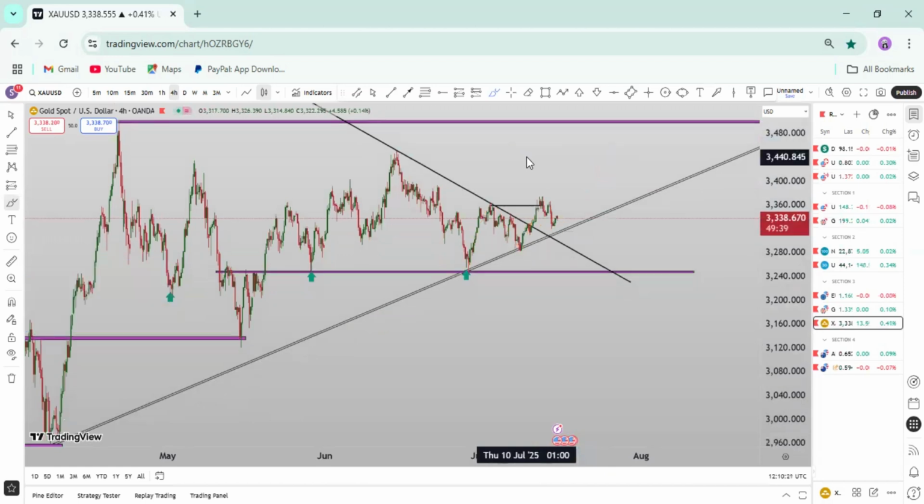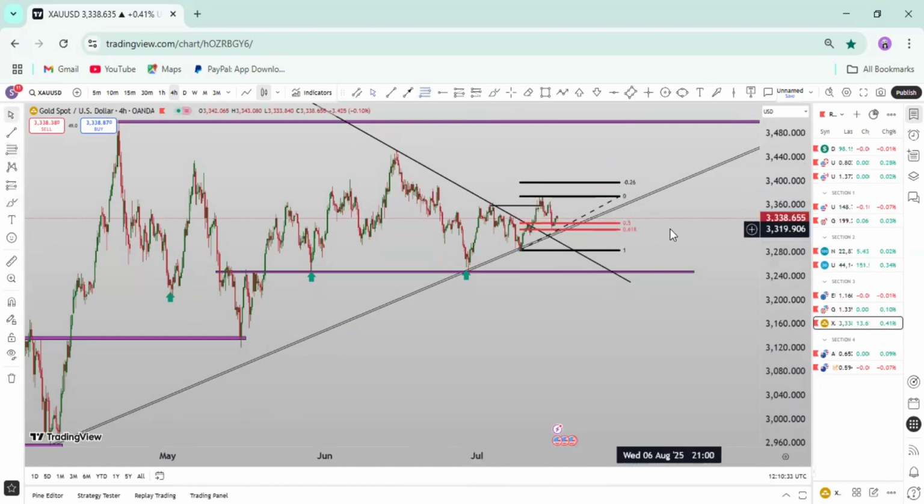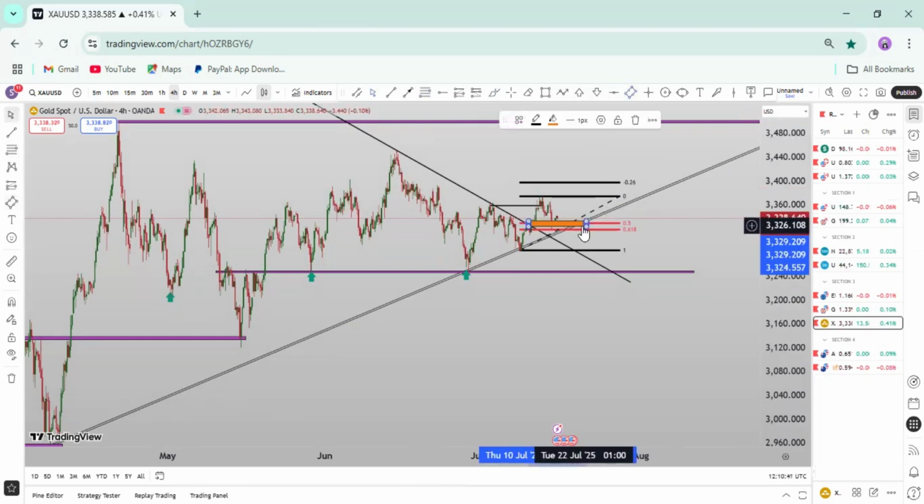before now considering bullish on gold. So what I'm waiting to see, I can use my fib level from this area. Let me use my fib level from this area to the upper side. You can see the market is exactly in my area around here.